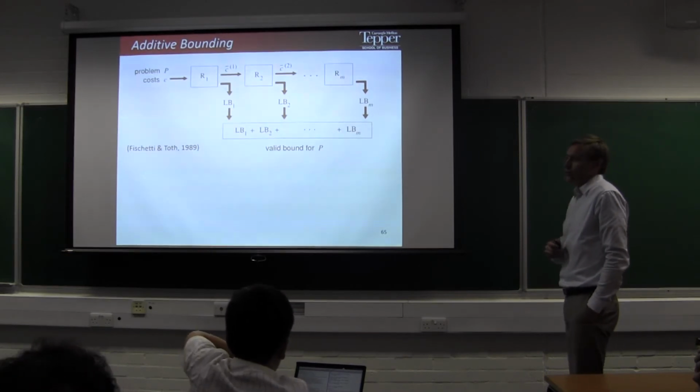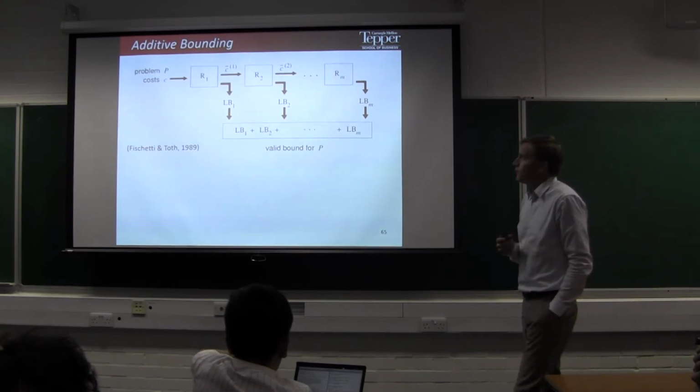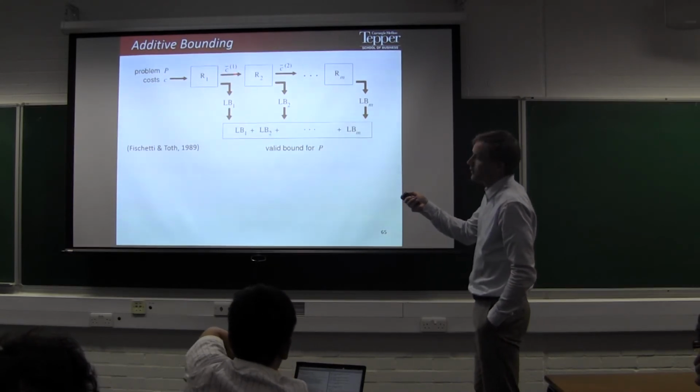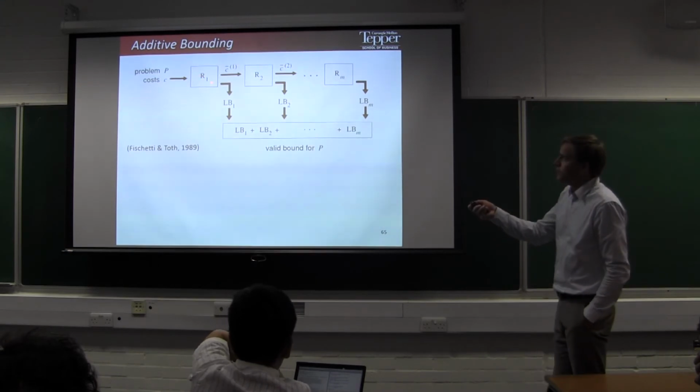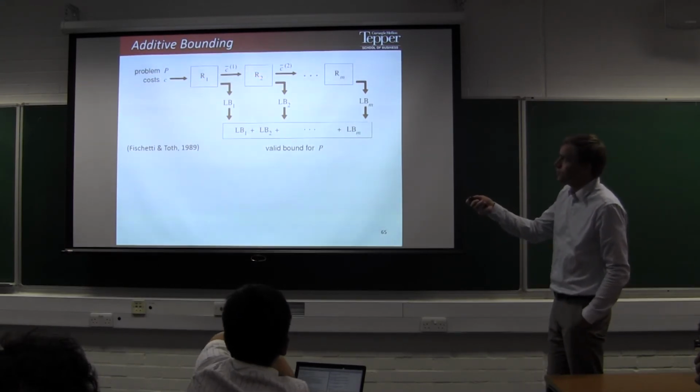In our case, we use something called additive bounding. If you have a number of relaxations to your problem, each of which gives you a bound and a set of residual costs, then you can feed the next relaxation with the residual costs instead of the original costs, which gives you another bound, and so forth.